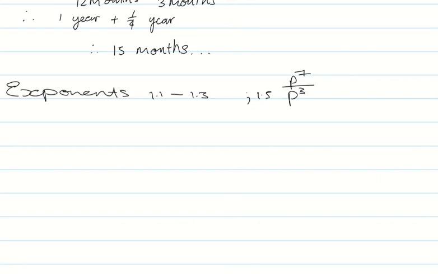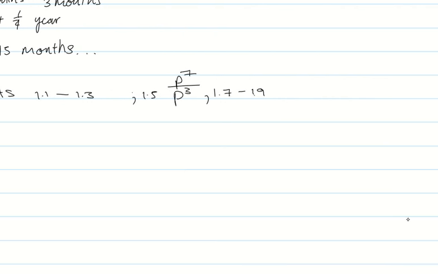Then the next ones, listen to me: number 1.7 until 1.9, and then number 1.11. You can circle that on your page.